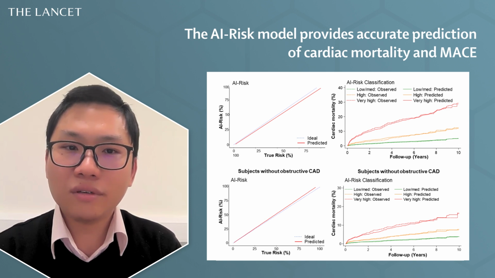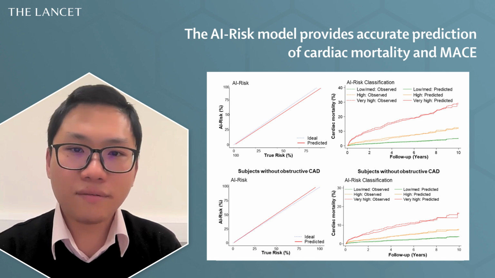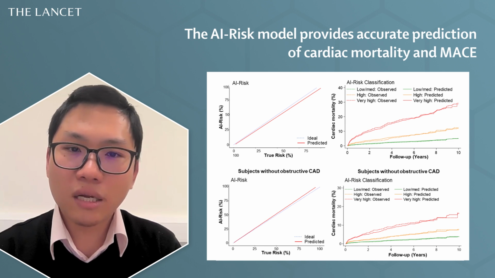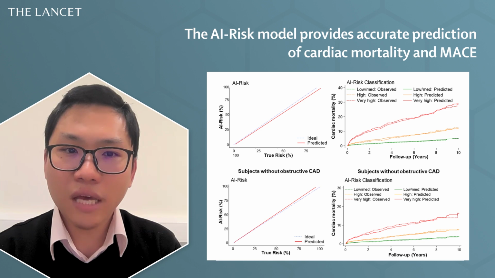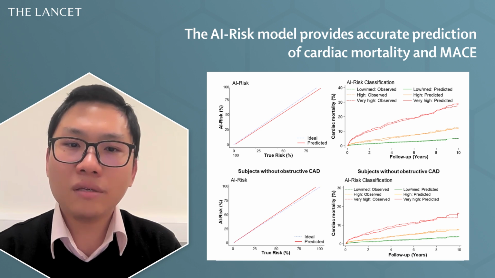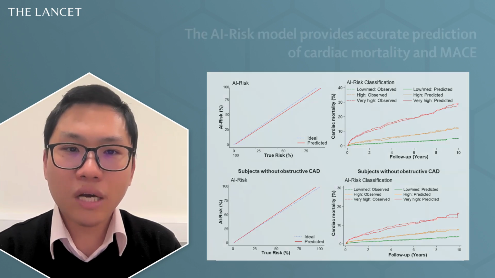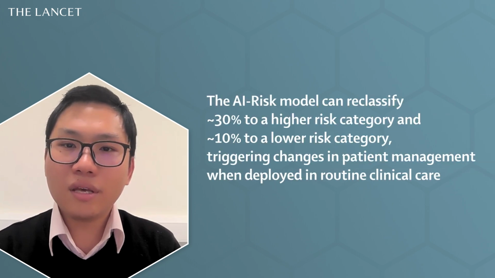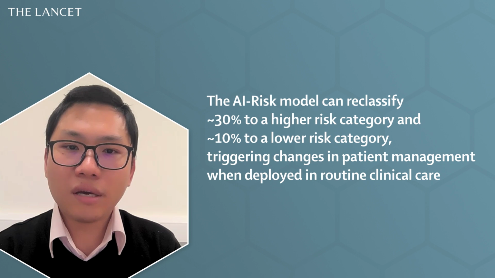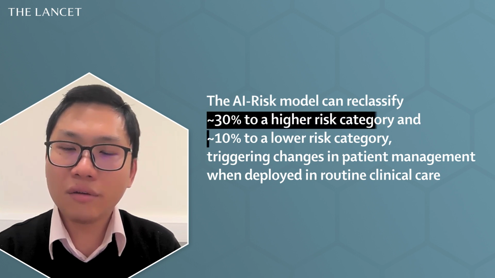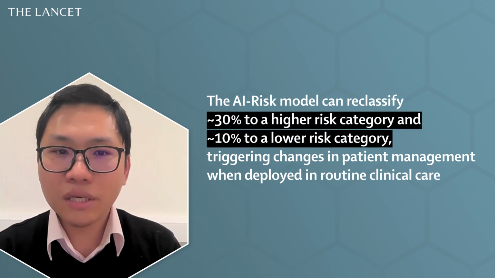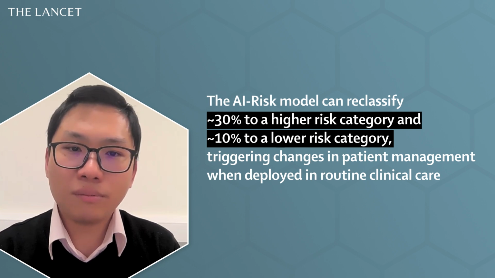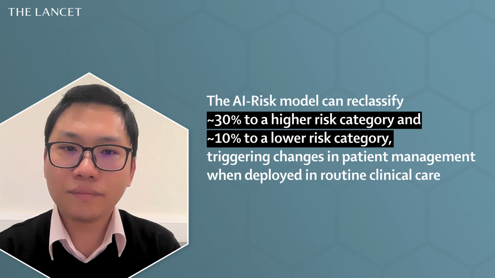This is particularly relevant for those patients without obstructive coronary artery disease, because they are generally reassured by the cardiac care team after they have the scan, and they often remain untreated based on the current clinical guidelines. In a further analysis presented in our paper, the AI risk model can reclassify about 30% of patients to a higher risk category and about 10% to a lower risk category. This triggered changes in patient management when deployed in the routine clinical care.